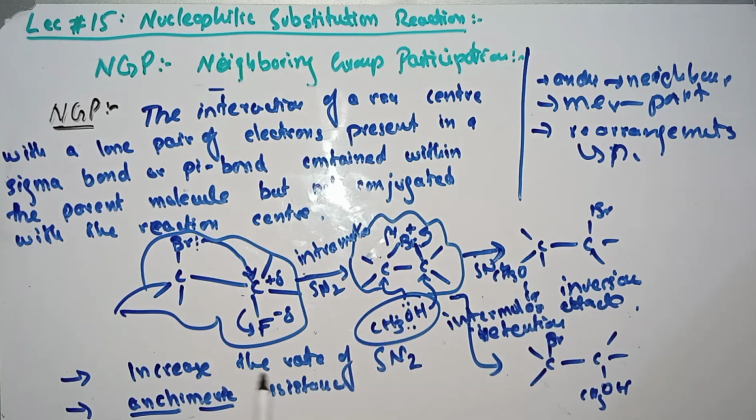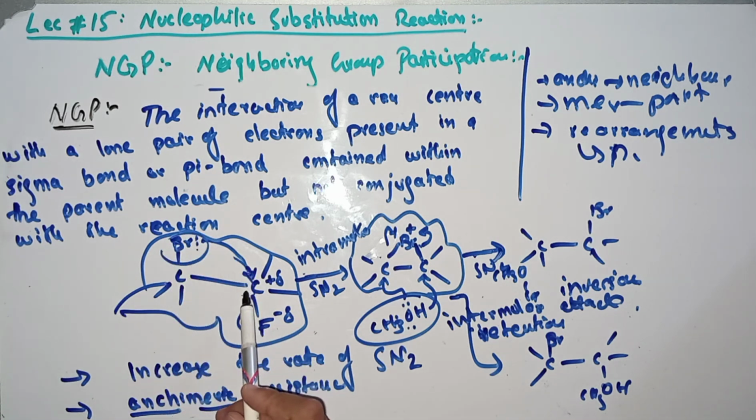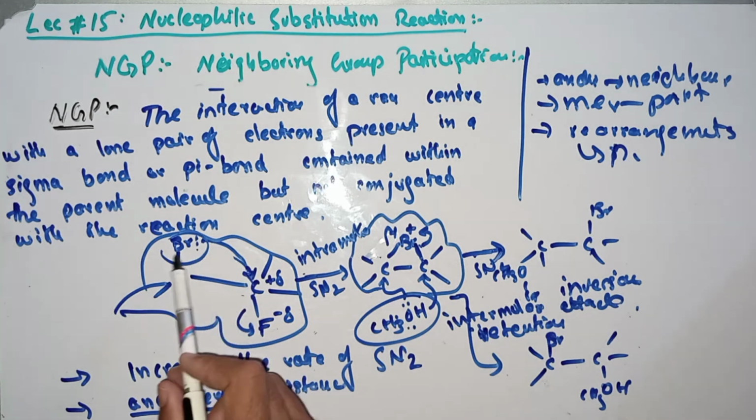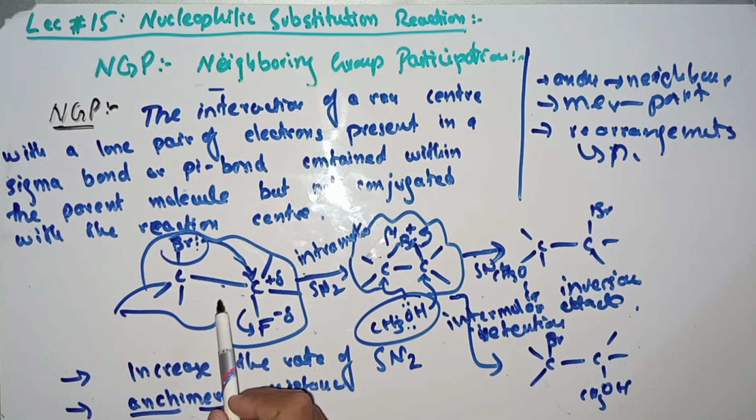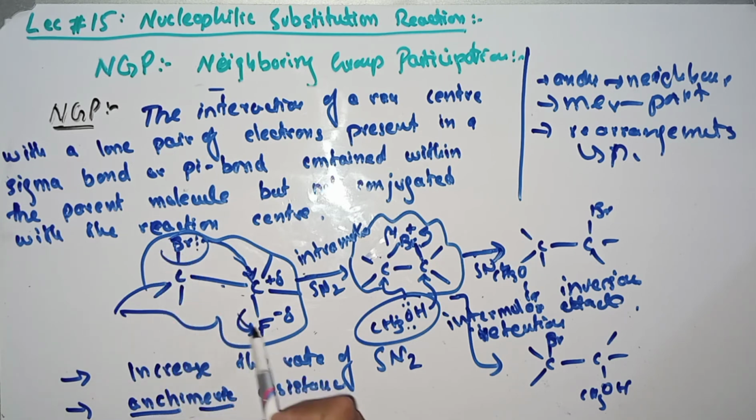In the SN2 mechanism, the nucleophile attacks the electrophilic center while the leaving group leaves. So here, in the first step, the nucleophile attacks this electrophilic carbon, and this nucleophile is the internal nucleophile, so it is called intramolecular because the nucleophile is inside the same molecule.